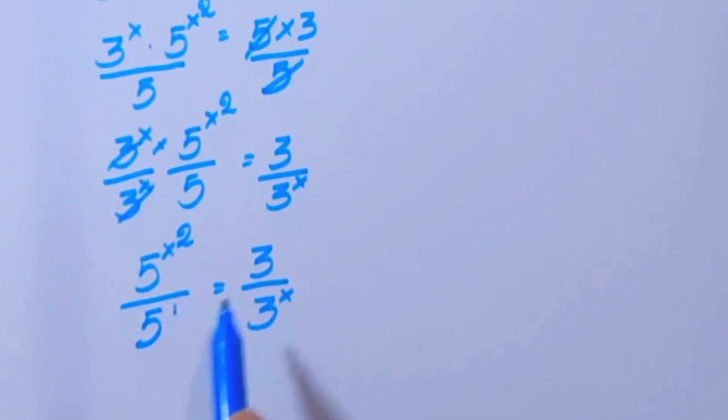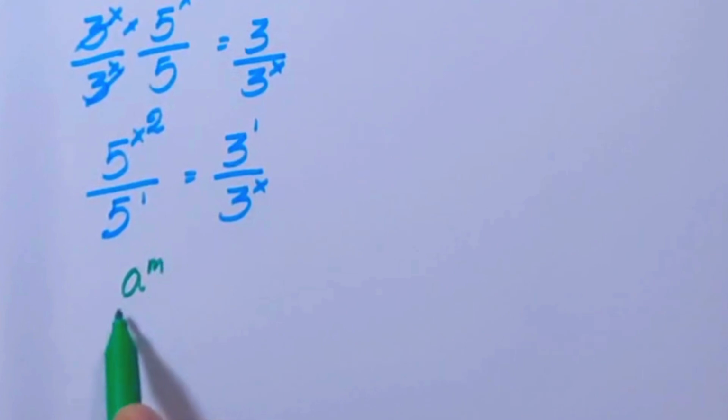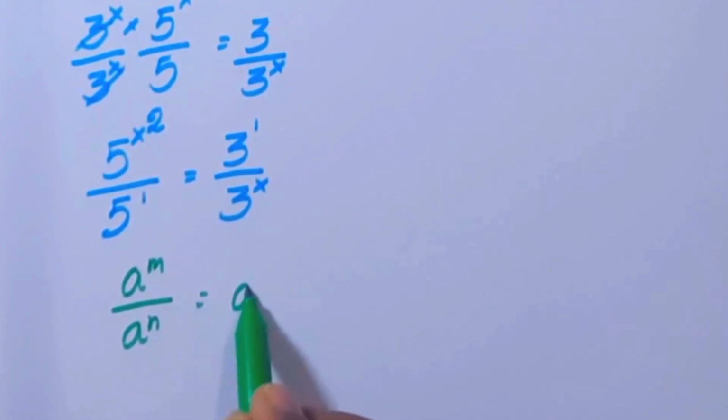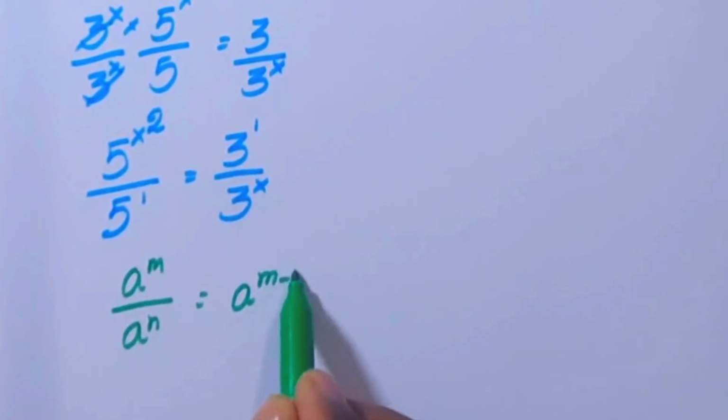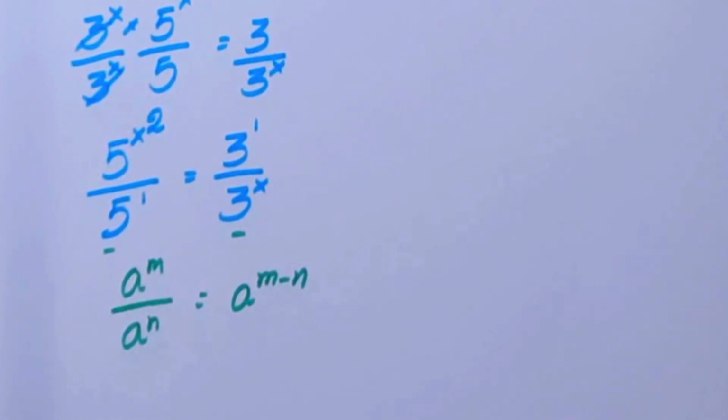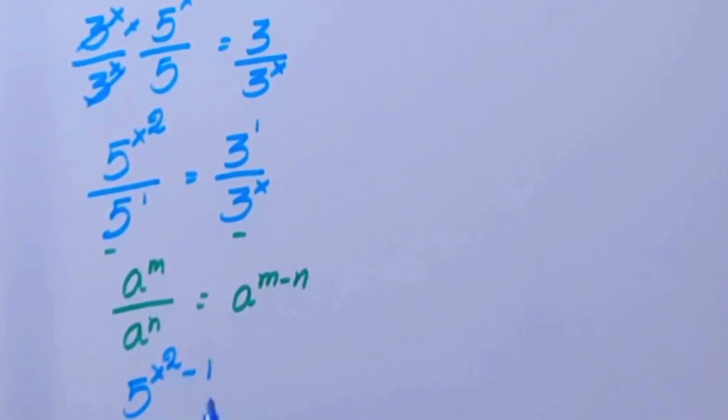Considering here 1 in the power, a power m by a power n equals a power m minus n. We are going to implement it here and here. So 5 power x squared minus 1 equals 3 power 1 minus x.